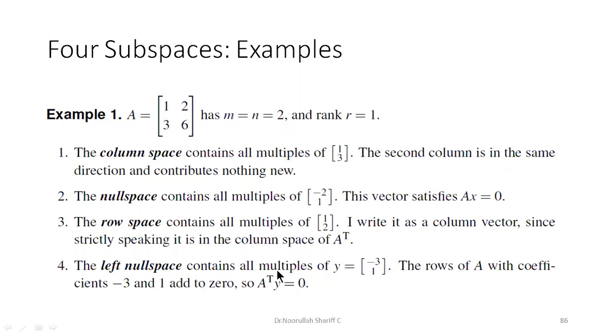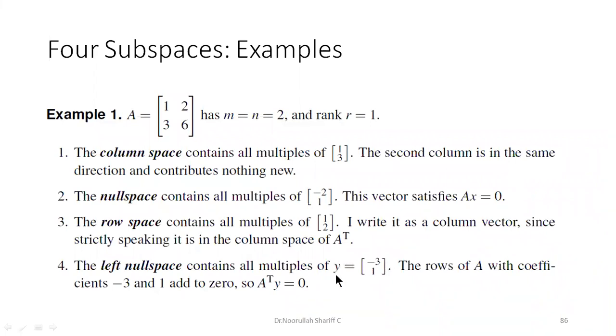So again we'll get the equation 1 y1 plus 3 y2 equal to 0. Now y2 is our free variable. If you make y2 equal to 1, y1 will be minus 3.